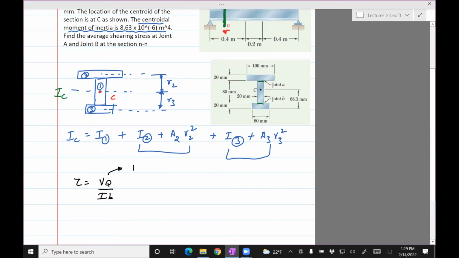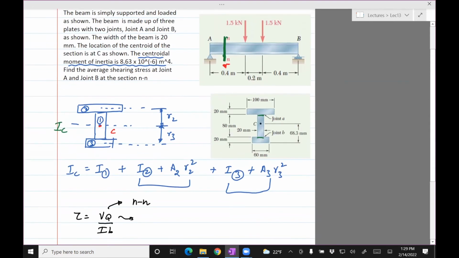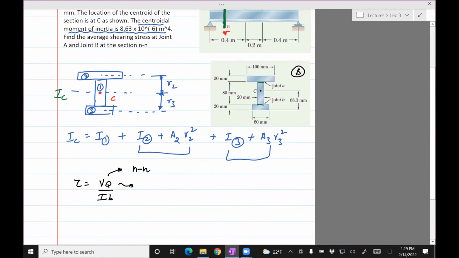This has to be at section NN. Q will depend on, let's call this figure A, so we will use figure A.